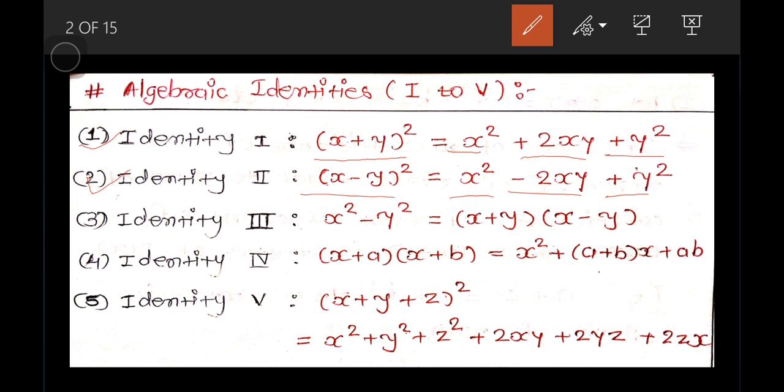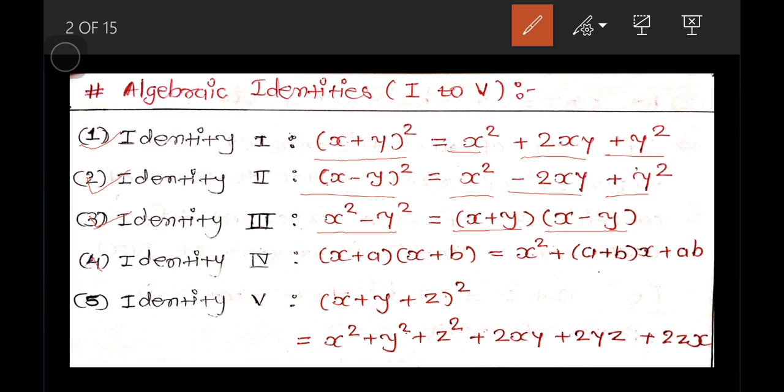The third identity is given as x square minus y square, which is equal to, in brackets, x plus y into, in brackets, x minus y. So we factorize x square minus y square as x plus y into x minus y.